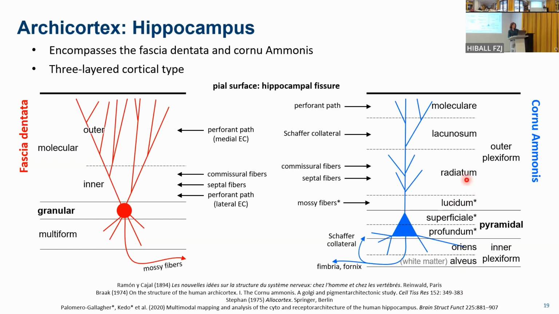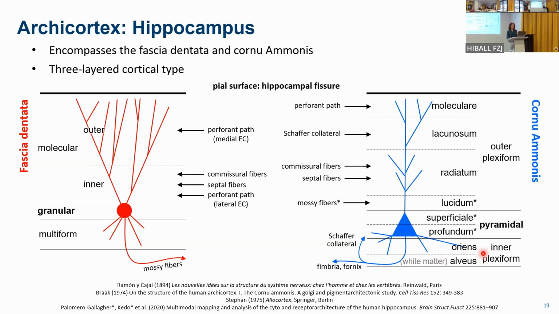Then we've got the radiatum layer, the lacunosum, and the molecular layers. Some anatomists talk about radiatum, lacunosum, and molecular layers as 3 separate sublayers. Most commonly, the lacunosum and the molecular layers are merged together and designated the lacunosum molecular layer, okay? And sometimes, depending again on what your scientific question is, people will just talk about the outer plexiform layer.